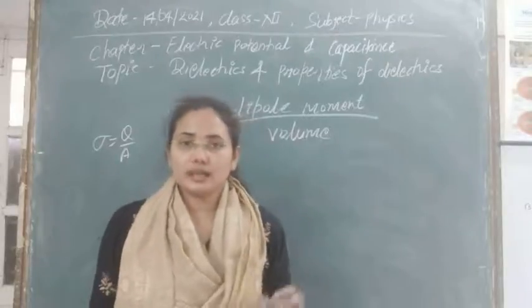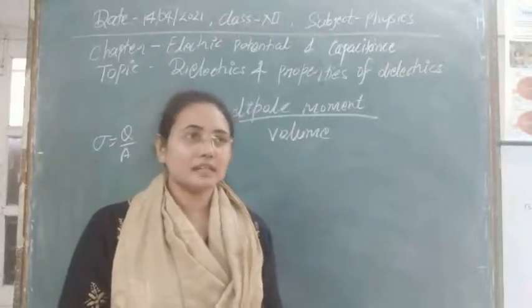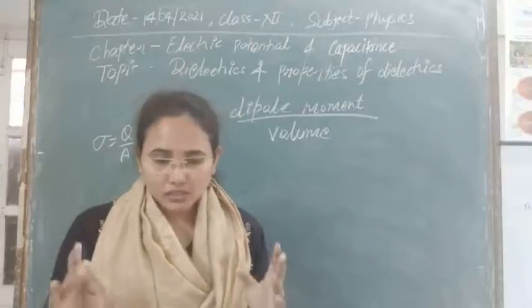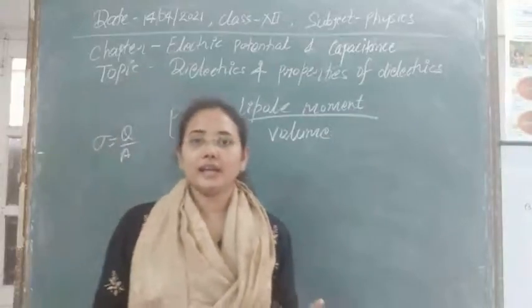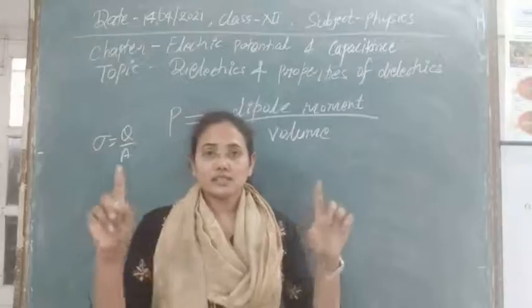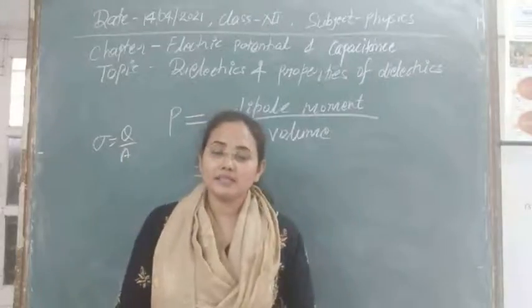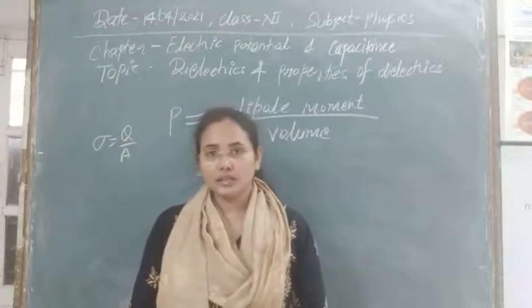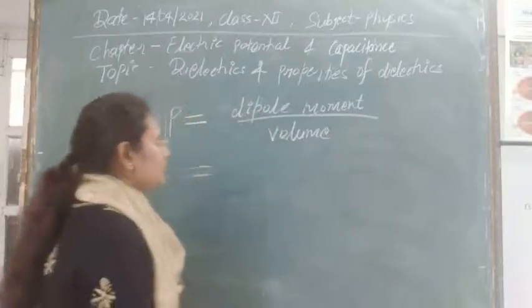Suppose the distance between the charges is d, and suppose in the plate we have only one electric dipole whose distance is d, and the plate width is also equal to d.